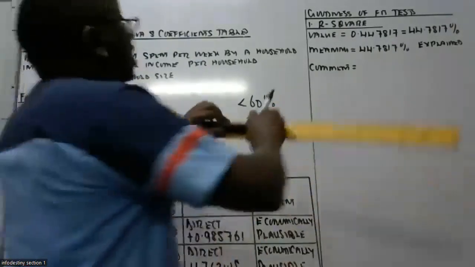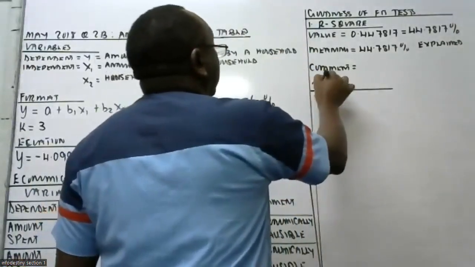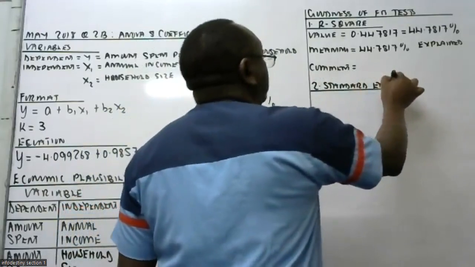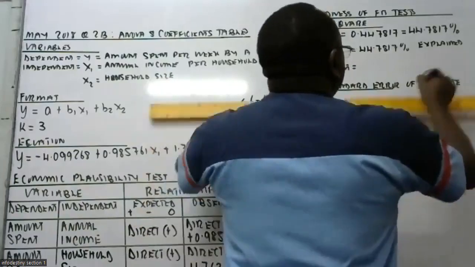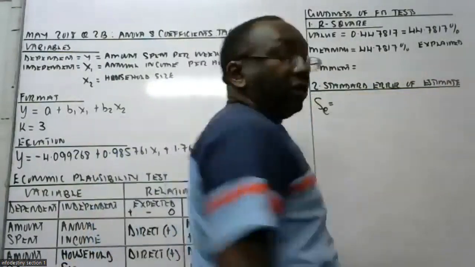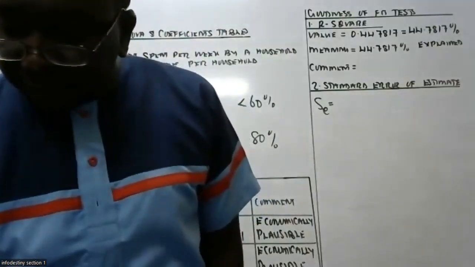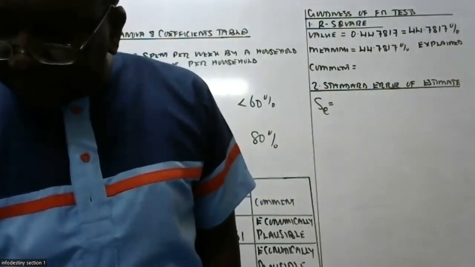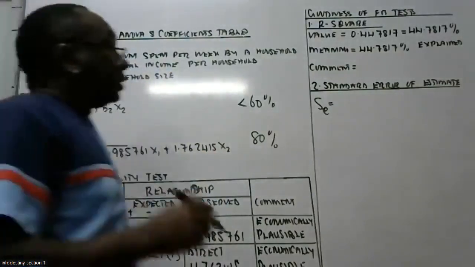The second goodness of fit test is standard error of estimate, SE. Now, in the standard error of estimate, they have not computed, but it is normally given as the unexplained variation.